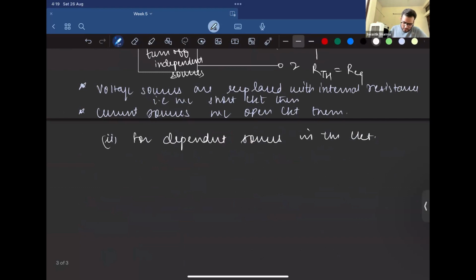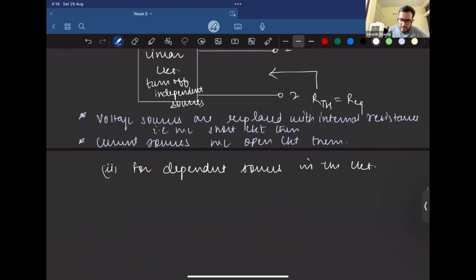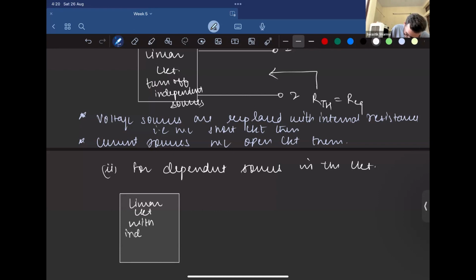But if we have dependent sources, what we do, we turn off the independent sources. That means we replace them with their internal resistances. Voltage sources are short circuited and current sources are open circuited. And since they are dependent on some values, what we do, we add a voltage source or a current source, right?